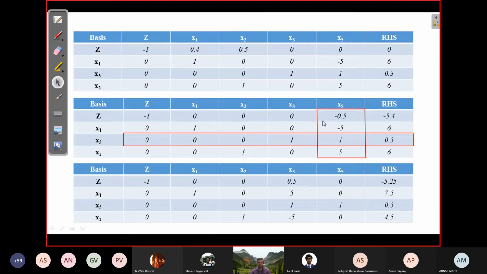Then you perform the simplex operations normally, and in the next step you will get the optimal solution. One thing you have to be very careful about is that when you are transitioning from phase 1 to phase 2, you have to change the objective function, because in phase 1 the objective function was different, right? And when you change the objective function, you have to make sure that it is expressed only in terms of non-basic variables, right?